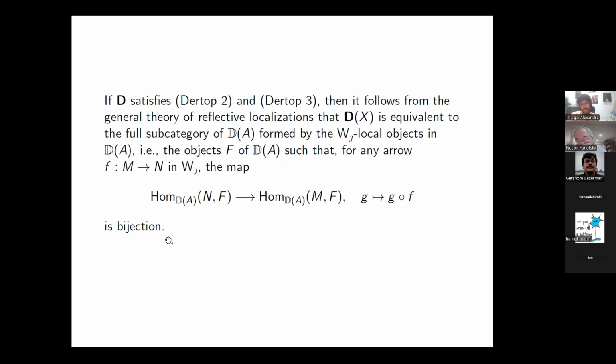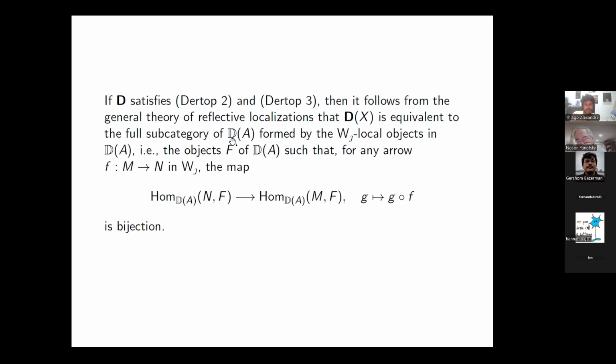So at the end, we have a very concrete characterization of what D of X must be, just in terms of the categorical restriction of D, right? Because to define this data here, WG, DA, we are just using the categorical restriction of D.